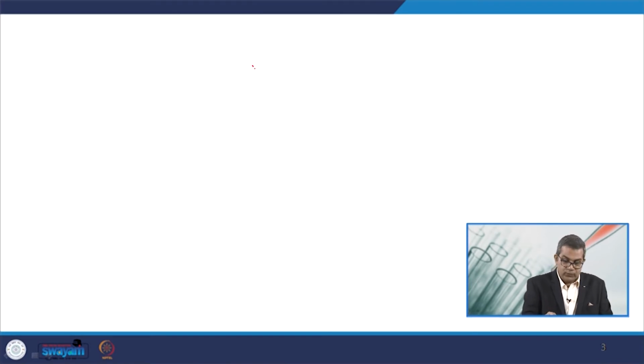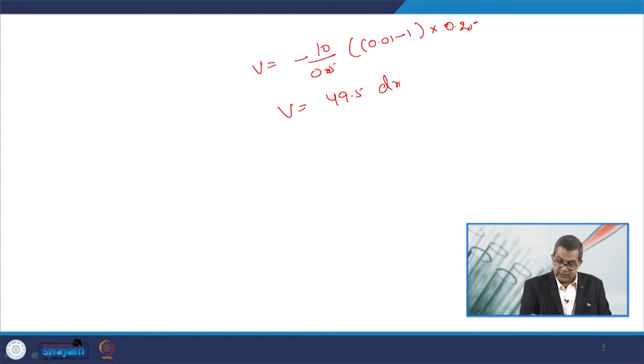So V is equal to minus 10 upon 0.05 into (0.01 minus 1) into 0.25, and V comes out to be 49.5 decimeter cube.